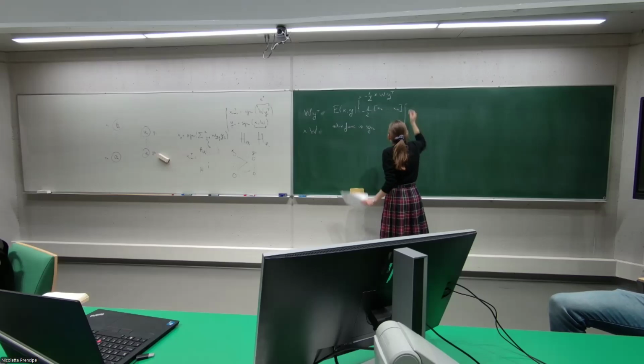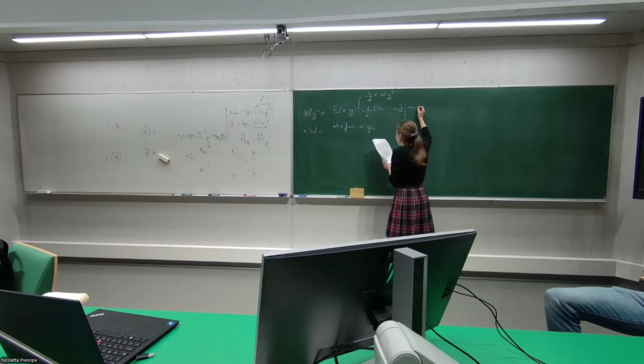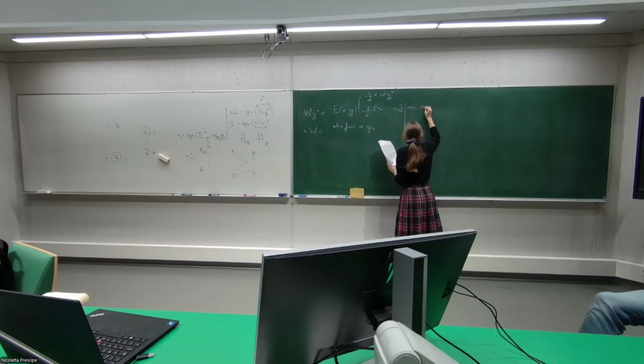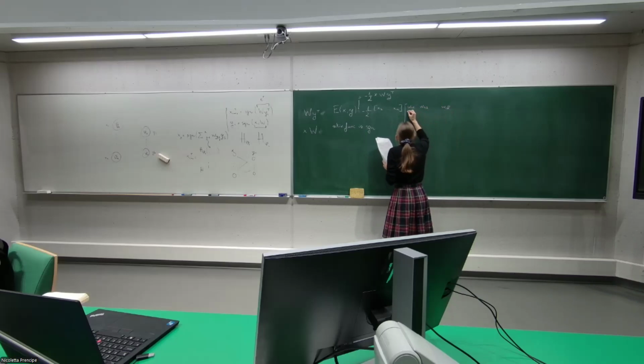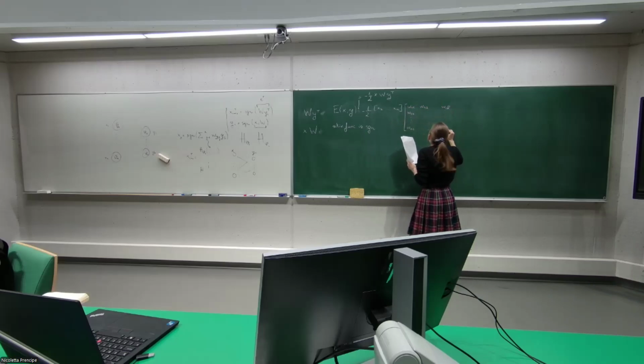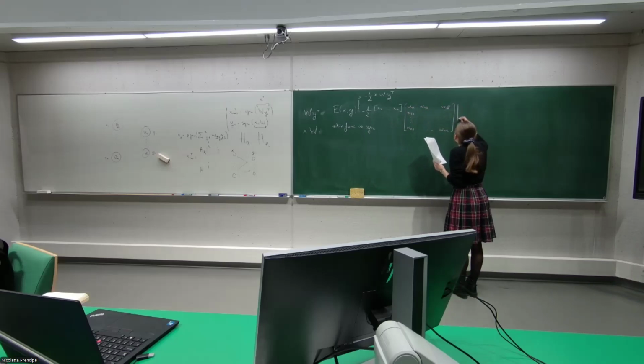Let's write down the W matrix somehow. Then you have Y transpose that has K coordinates.